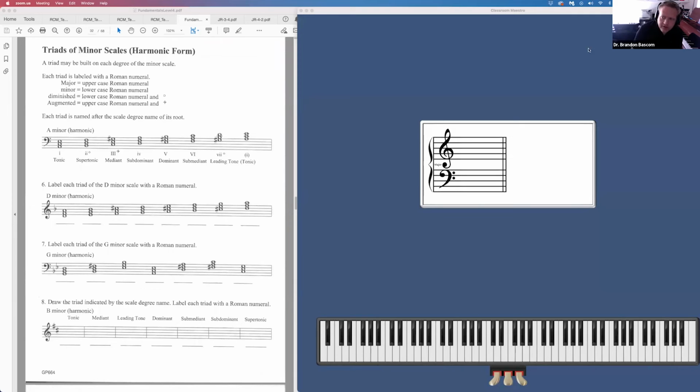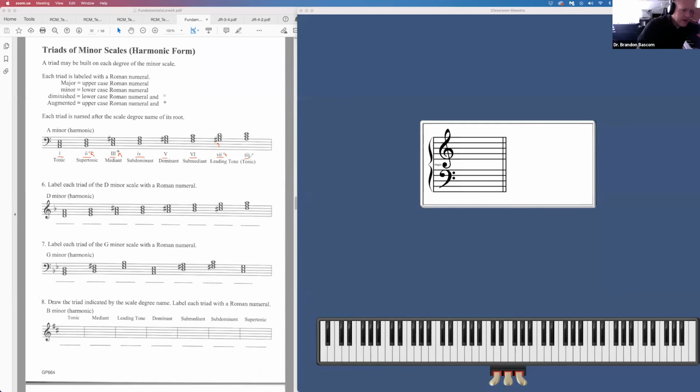When we do this, we have a minor 1, a diminished 2, see the degree symbol, an augmented 3, see the plus sign, we add a plus sign if we're augmented, and we have a capital Roman numeral number. 4 is minor, 5 is major, because we've raised scale degree 7, notice the accidental. 6 is major, 7 is diminished, the degree symbol, and we've raised our 7th back to 1 being minor.